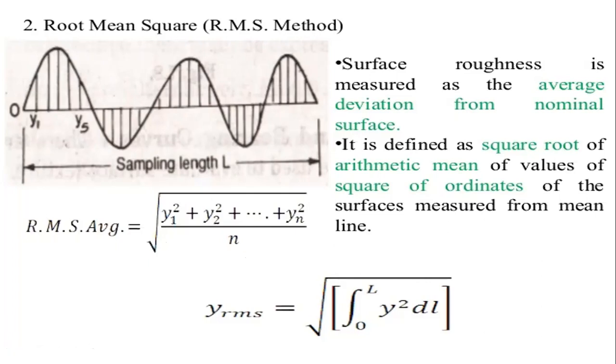These terms are defined in square values only, that is the square root of the arithmetic mean of the squares of the ordinates of the surface measured from the mean line.